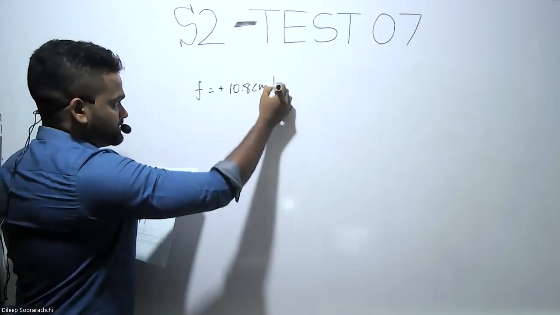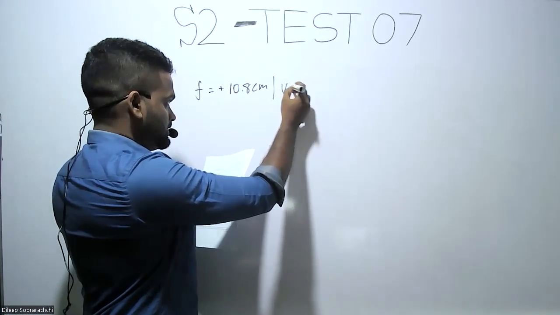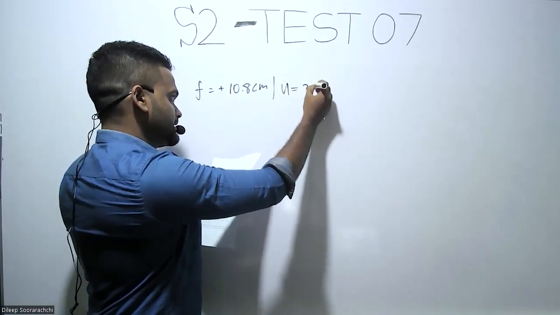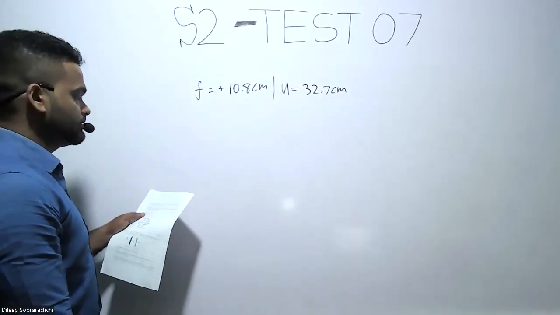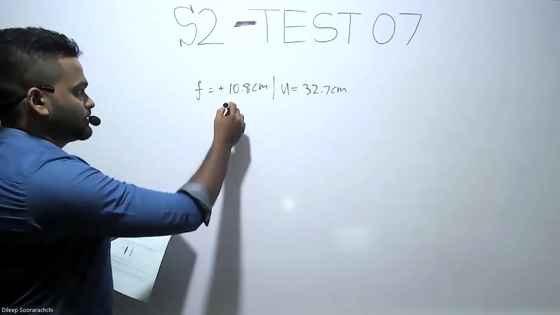The object distance, for real objects, is always positive, so it is 32.7 centimeters. So those values are given. What they ask is the image distance, v.